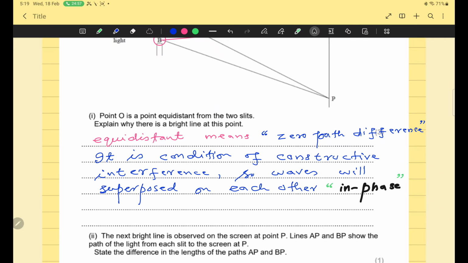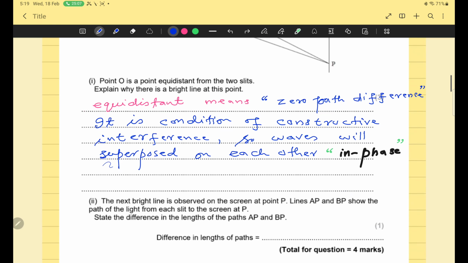So there is constructive interference, and due to constructive interference, if it is light, then obviously a bright line is formed at this point.